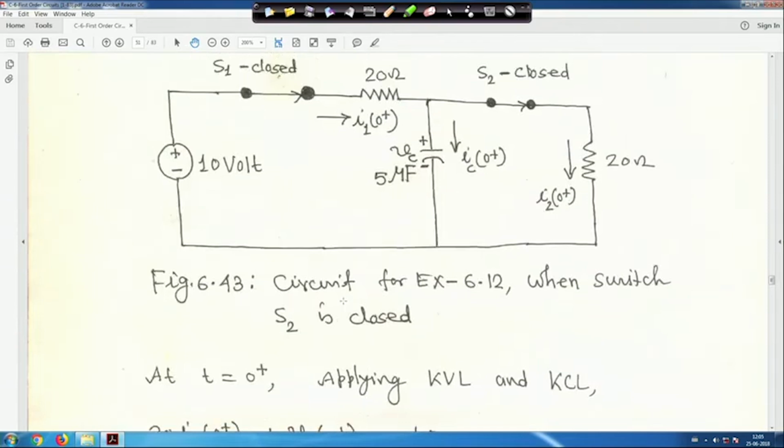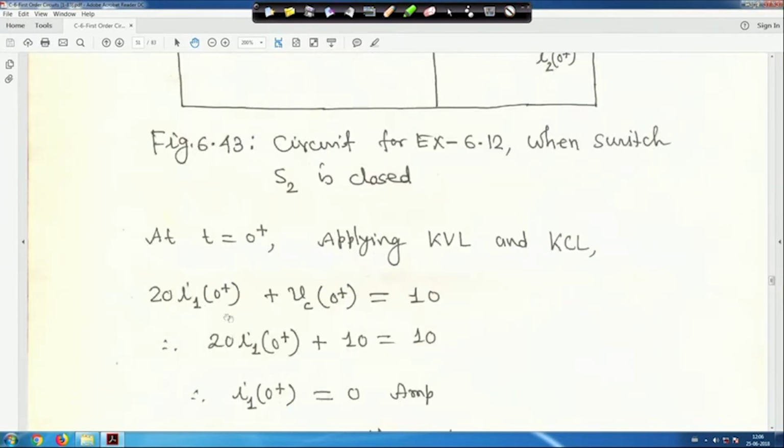So, if you apply KVL in this mesh, it will be 20 I1(0+) plus Vc(0+) minus 10 is equal to 0. That means 20 I1(0+) plus Vc(0+) is equal to 10.